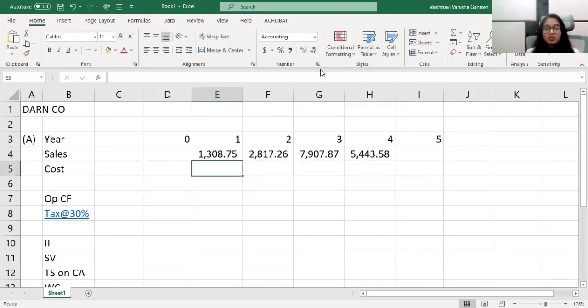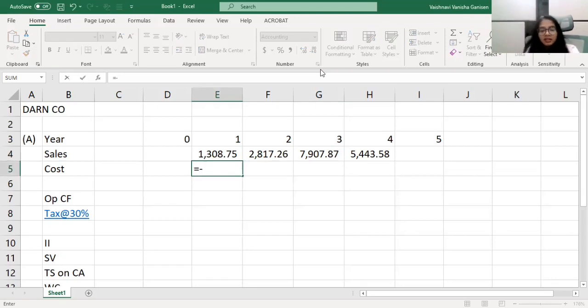Now, when you do your cost, I just want to quickly remind you, please remember that when you do any cost element or any calculation that includes the cost element, please remember to put the negative. Example, equals to negative 500 multiply 1.047 to the power of 1.